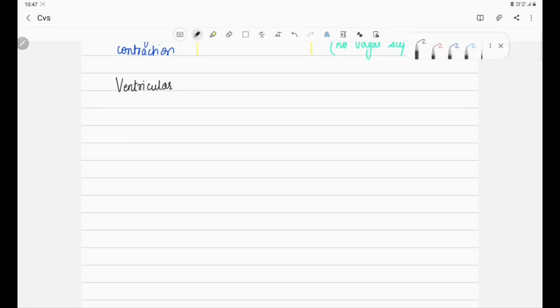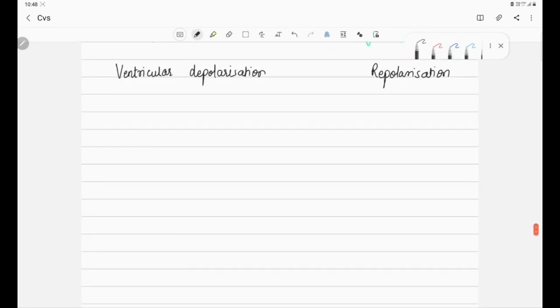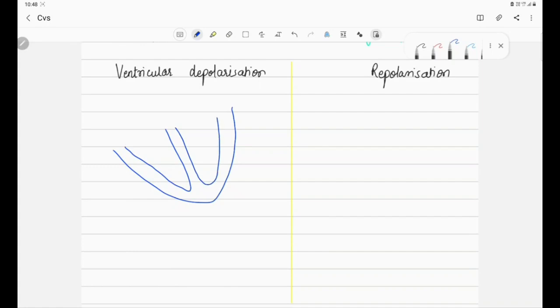Then we will see ventricular depolarization and repolarization. Let's see the difference here. So you can see here, I am going to draw a ventricle now. Yes. So the first part to depolarize is the left upper part of the interventricular septum.